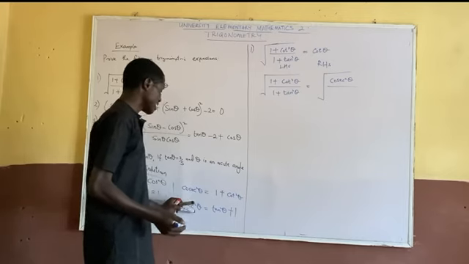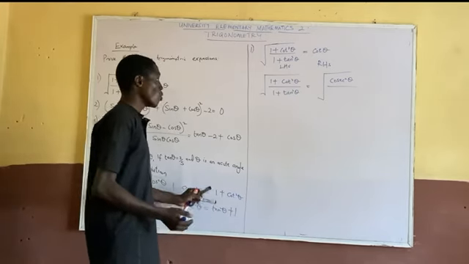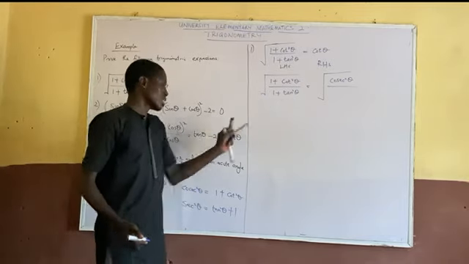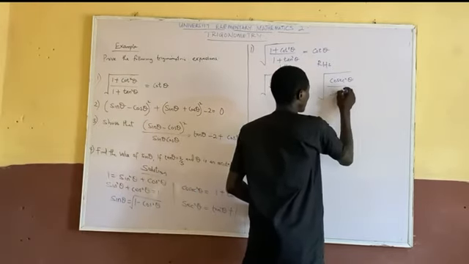So sec square theta is the same thing as tan square theta plus 1, or 1 plus tan square theta. So instead of having tan square theta here, you just replace it with sec square theta.